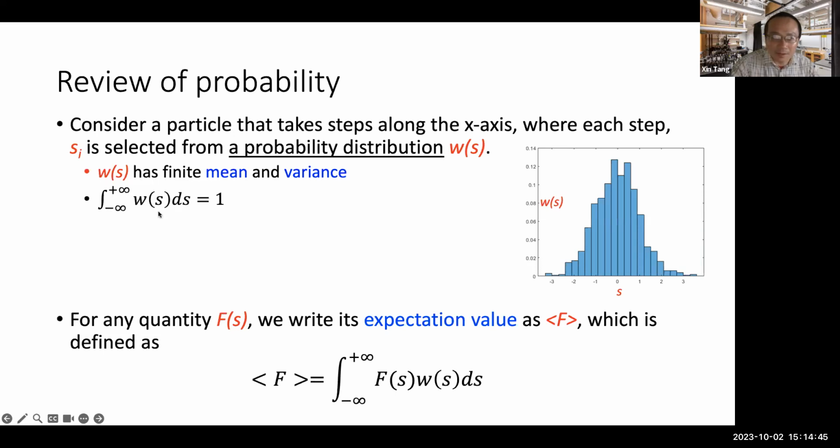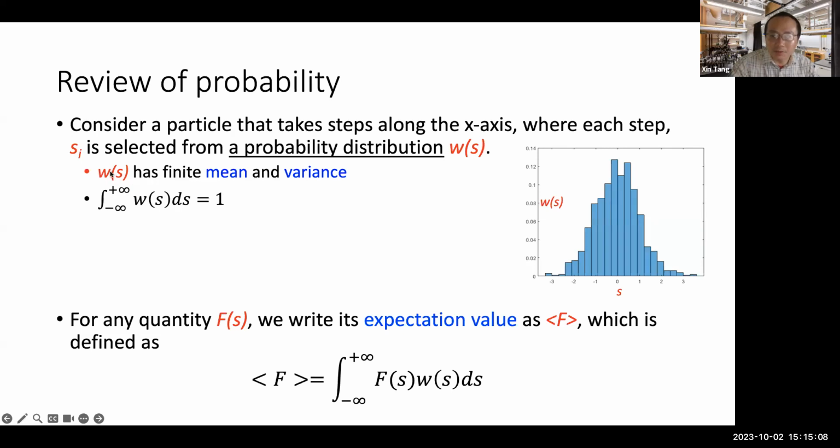Then they integrate together equal to 1. So that's actually the mathematical expression of this one step, and this actually is the meaning of the probability density.